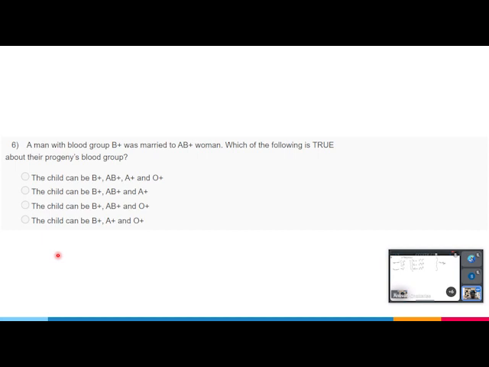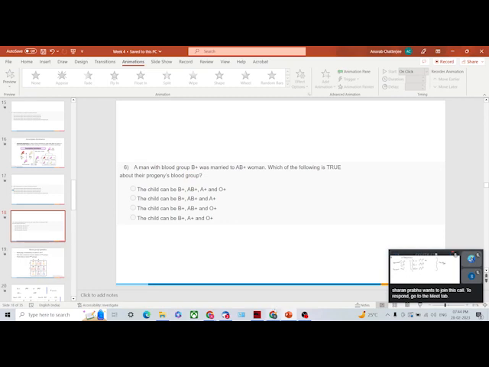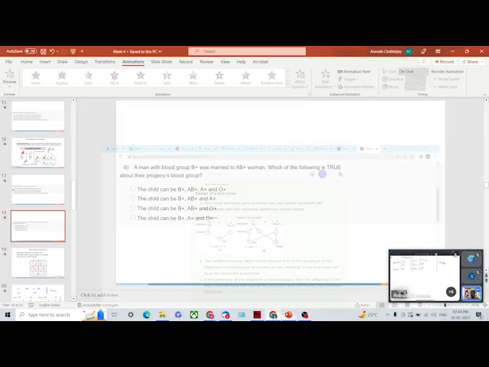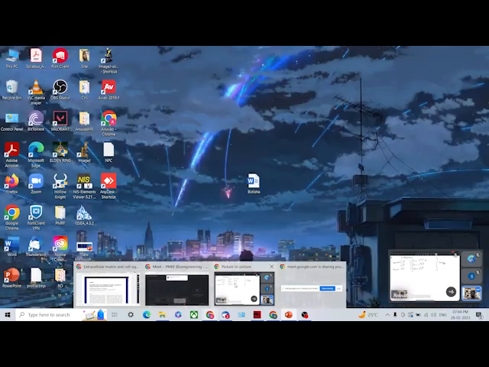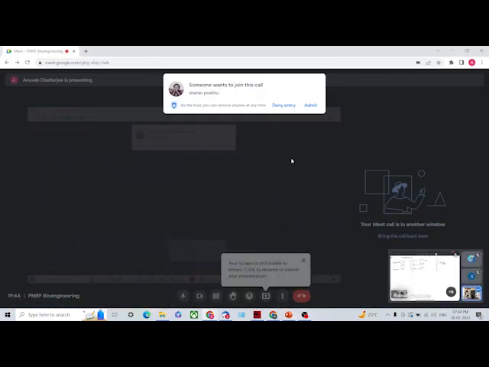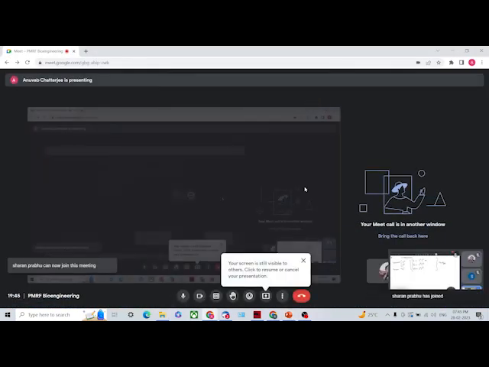So in case of the A blood group, it can be IA, or it can be IO as well.